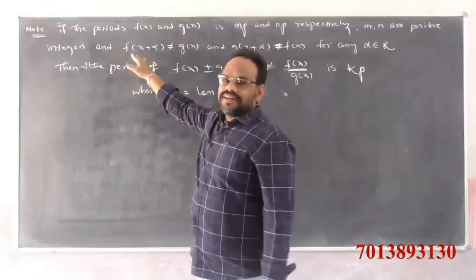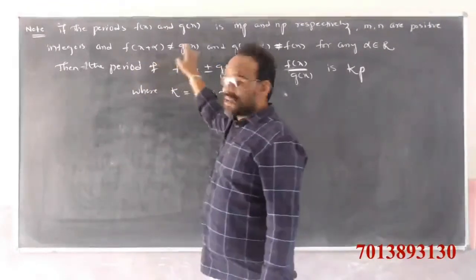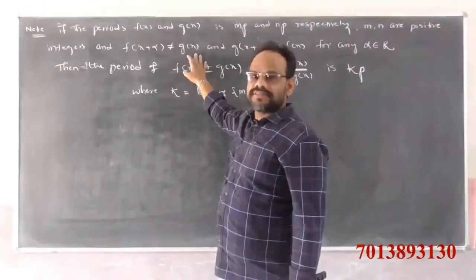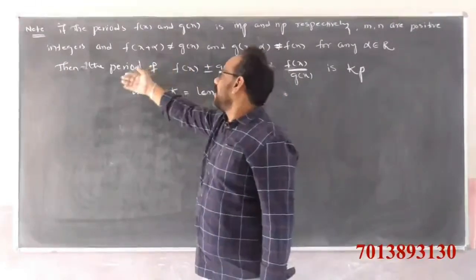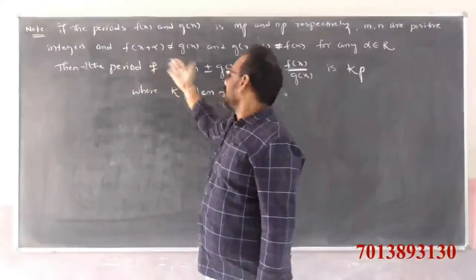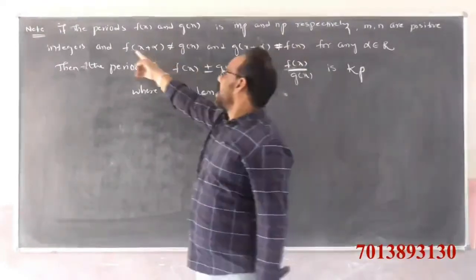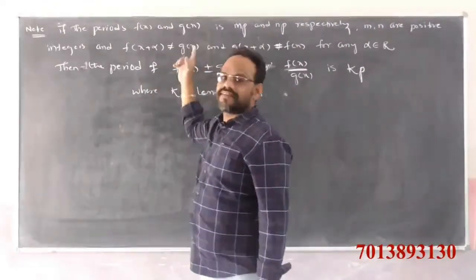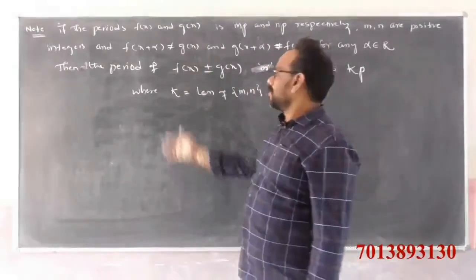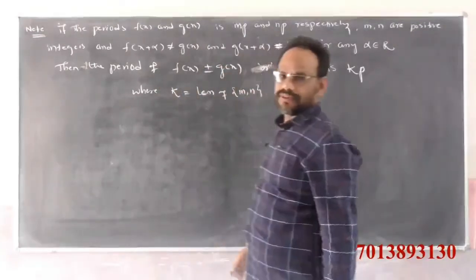They satisfy one condition, that is f of x plus alpha is not equal to g of x, for any alpha belonging to the real numbers, and g of x plus alpha is not equal to f of x. That means this function is not equal to this function.